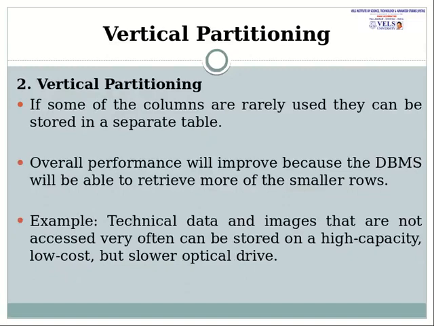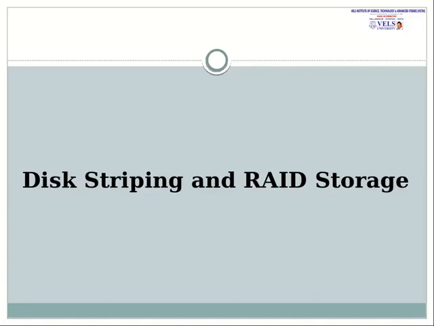Overall performance will improve because the DBMS will be able to retrieve smaller rows. For example, technical data and images that are not accessed very often can be stored on a high capacity, low cost but slower optical drive. So technical data and images are stored in vertical partitioning mode.